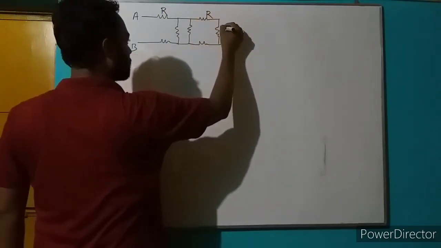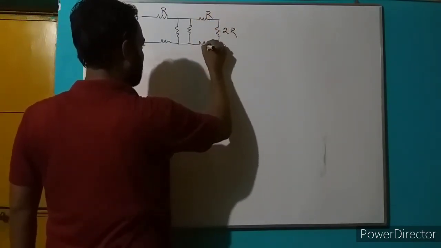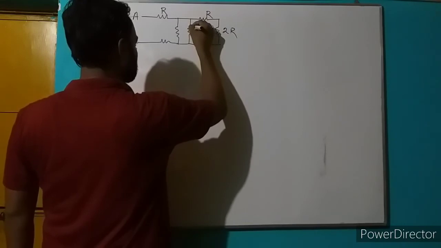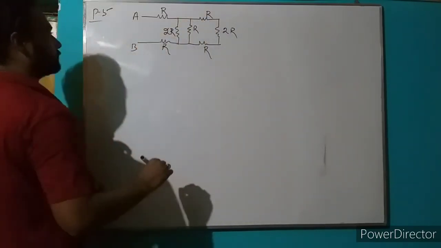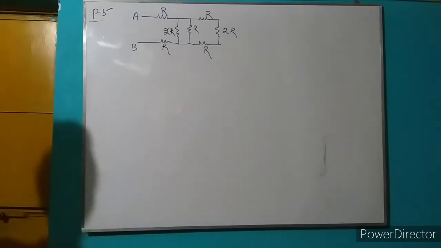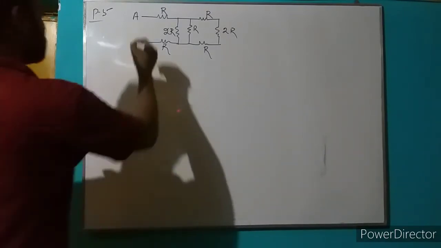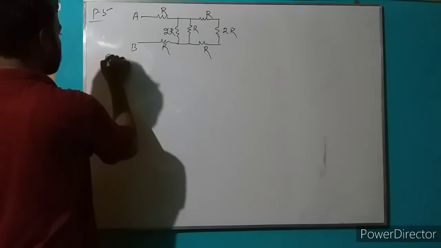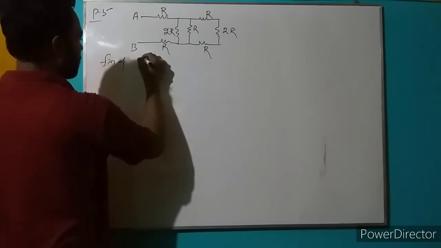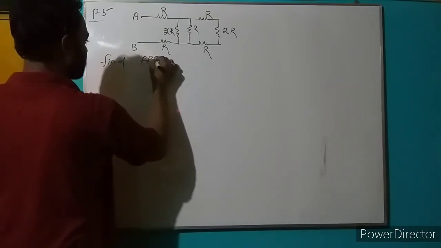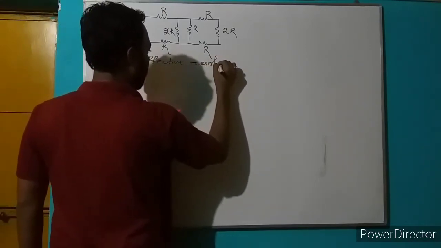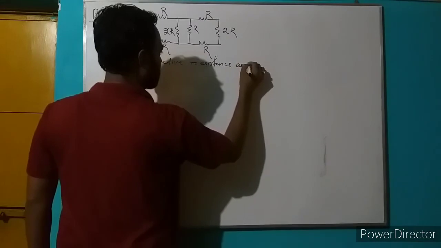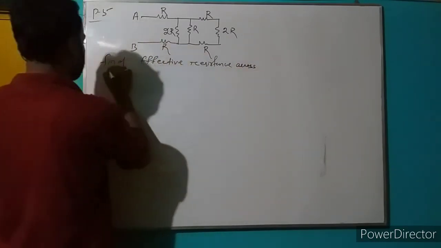R, 2R, R, 2R, R. Find the effective resistance across AB.